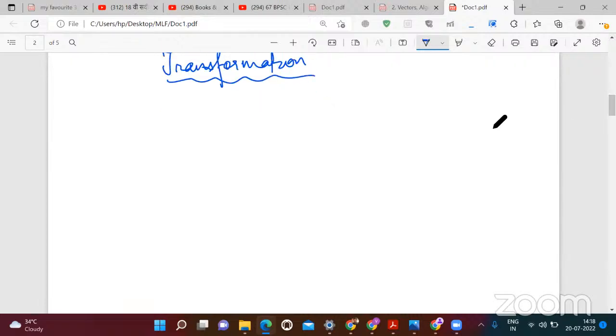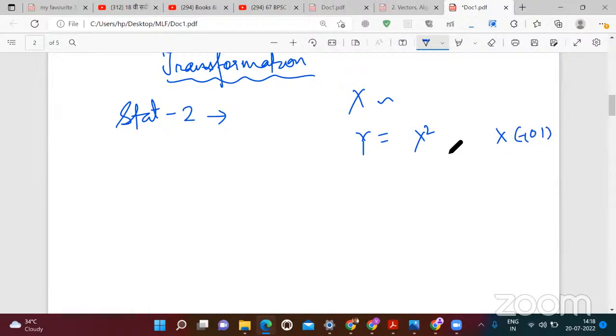In stats 2, you would have read how to transform a simple random variable. If you have been given the distribution of x, and you have been asked to calculate the distribution of some function, like for example x square, where x is varying from 0 to 1, then you are able to do it in a similar form, as a function of a random variable.